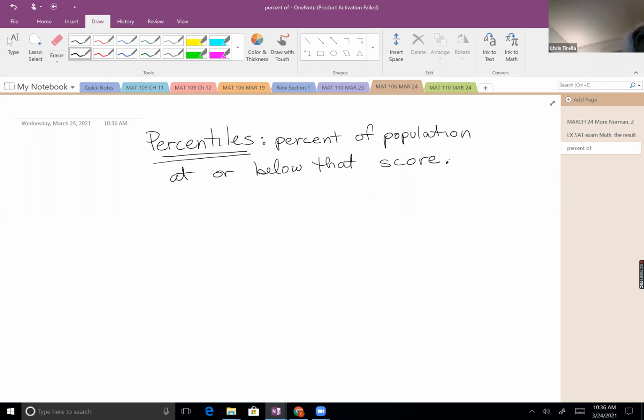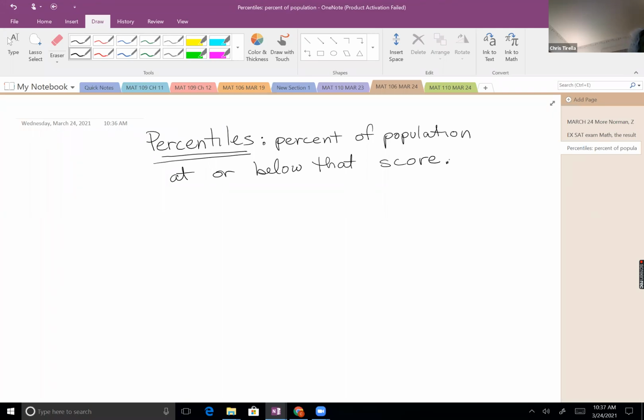And I'm guessing that you've heard of percentiles before. I heard them an awful lot when my children were younger and I took them to the doctor. The doctor always gave me the percentile for their height and weight.